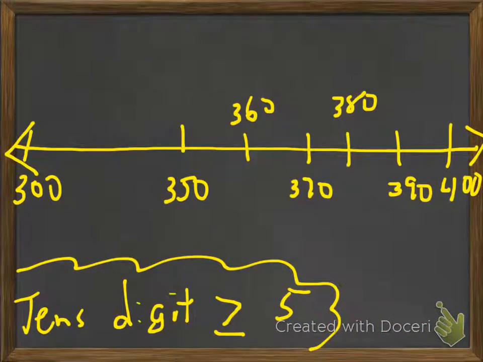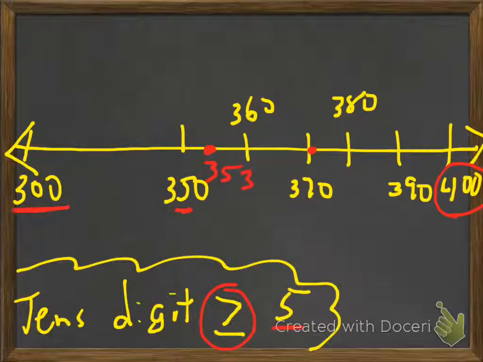Okay, let's take a look at this one. Now we want to round to 400. So we have 300 here, but we also have 400 way up here. And the rule is the tens digit must be greater than or equal to 5. So we have to go higher than 350, or 350 and above. So we could even choose 353.